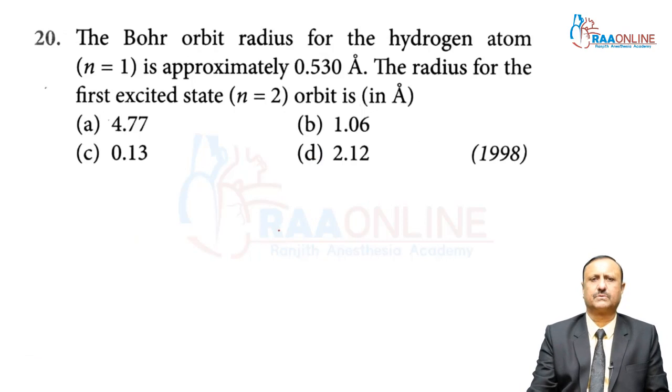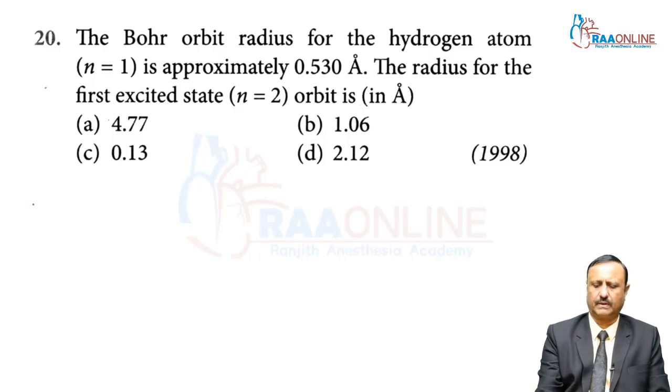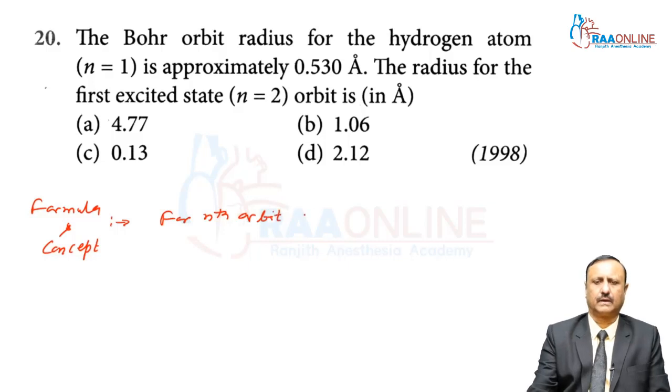Now, we can see question number 20. Here the Bohr's orbit radius for the hydrogen atom n is equal to 1 is approximately 0.530 angstrom. Find the radius for the first excited state. Here my dear students, you can put the formula and concept. We can see here for the orbit of hydrogen atom, Rn is equal to n square into R1.